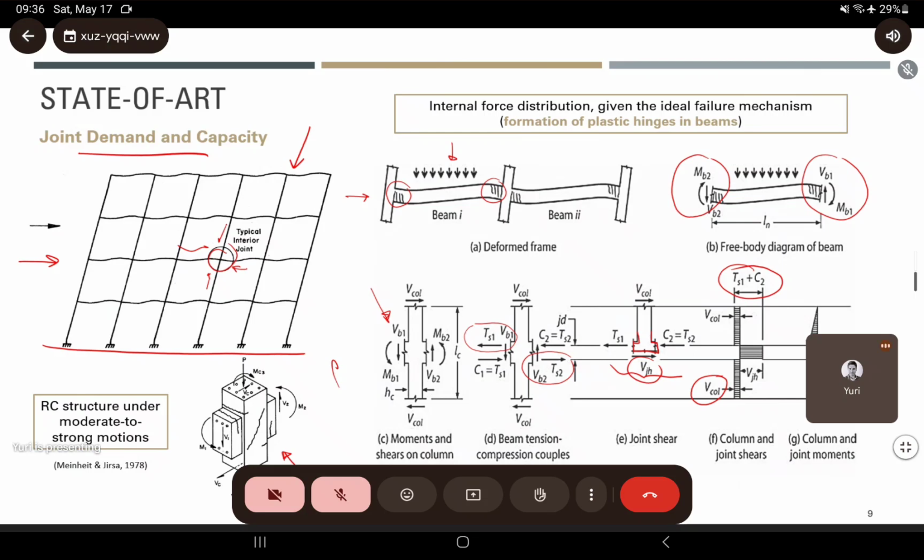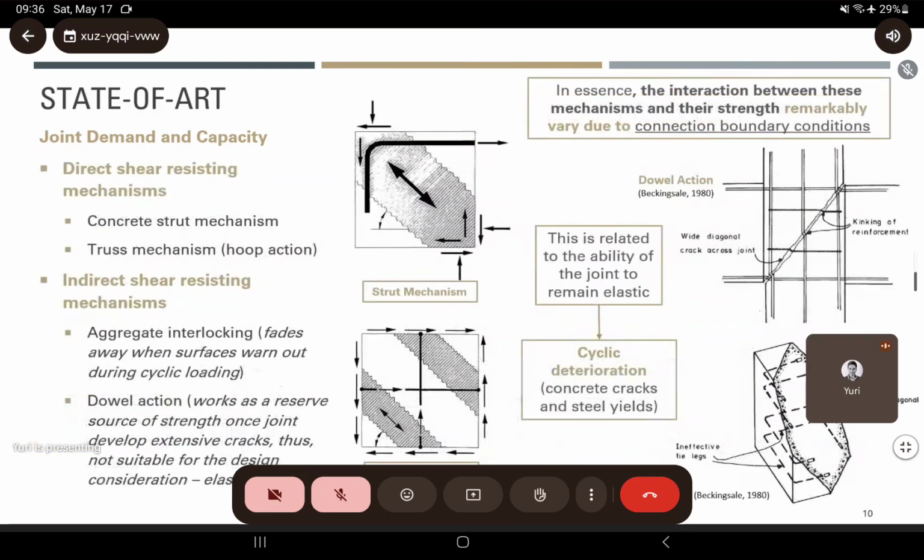Okay, so knowing that, how can these forces act on the joint, and what are the shear resistance mechanisms that exist in the joint? When you have these nodal forces coming from the adjacent members, we have four types of resistance mechanisms.